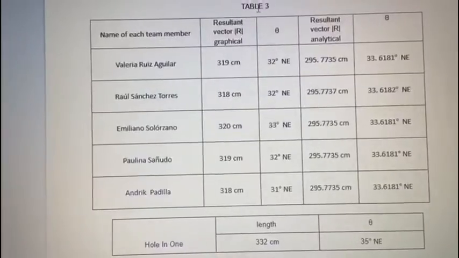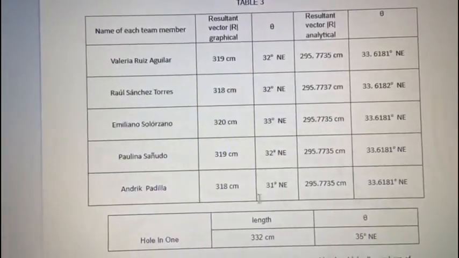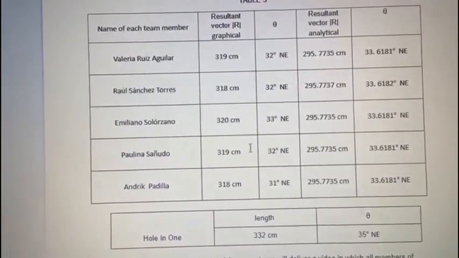So for the discussion and analysis, I'm going to explain how different the resultants were from the analytical and graphical methods, and what this resultant vector represents. In the graphical method, we all got almost the same resultants, but a little bit different.